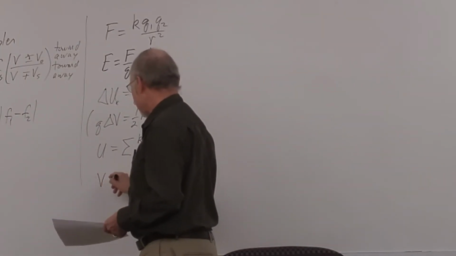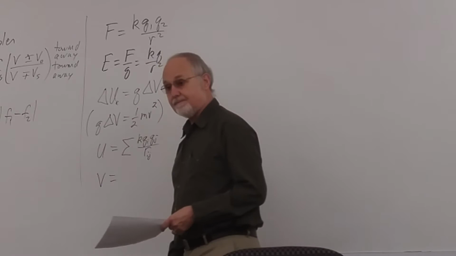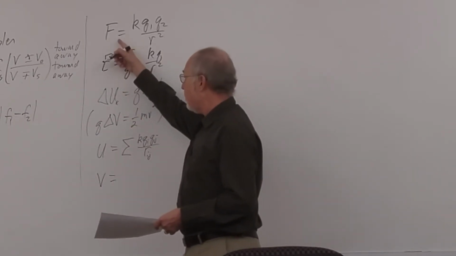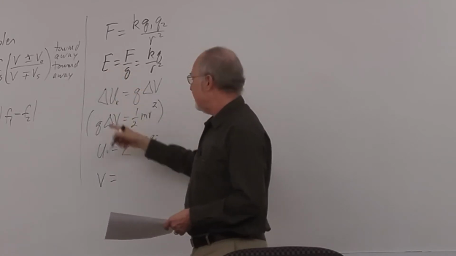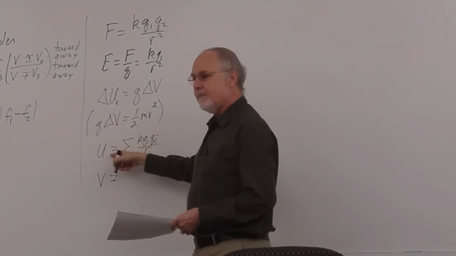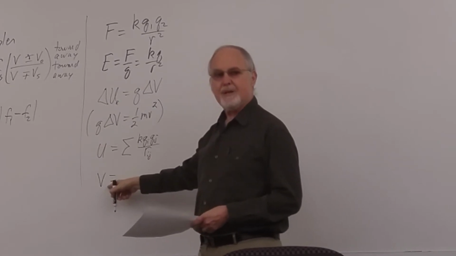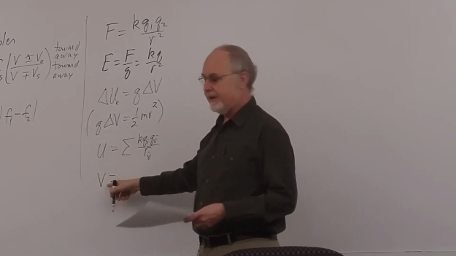If you're looking for a potential or a voltage, electric potential: remember, this is electric force, electric field, electric potential energy, and then V is the electric potential, without the word energy.